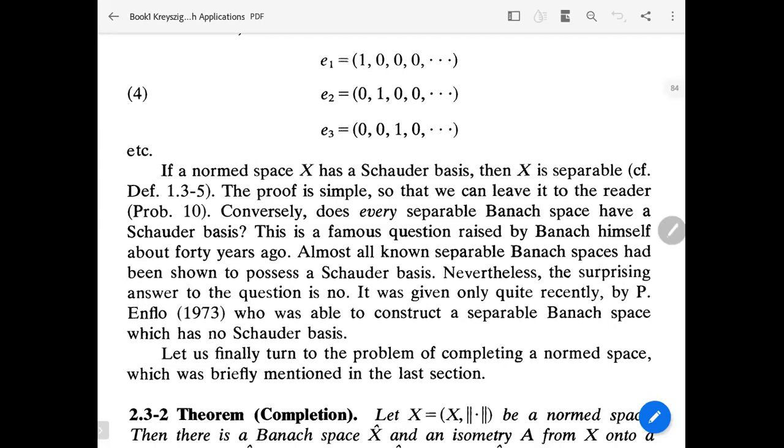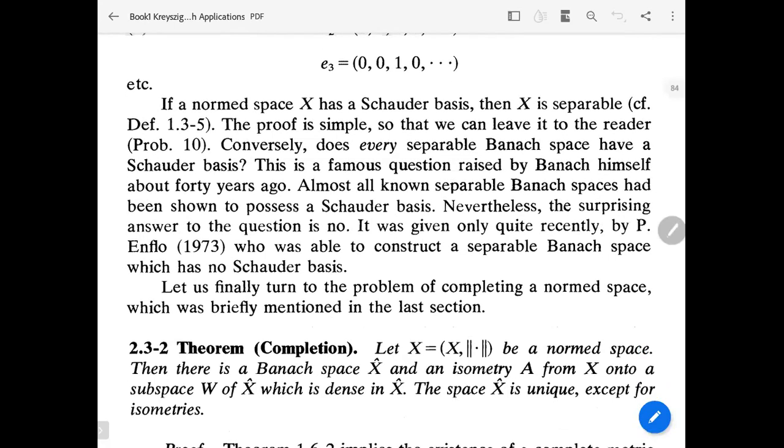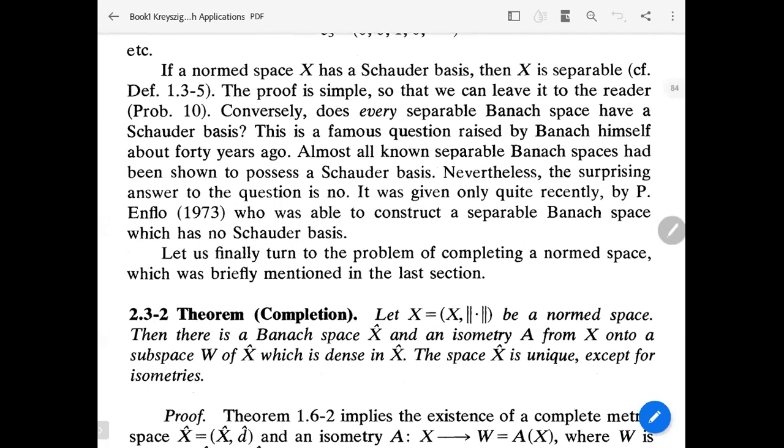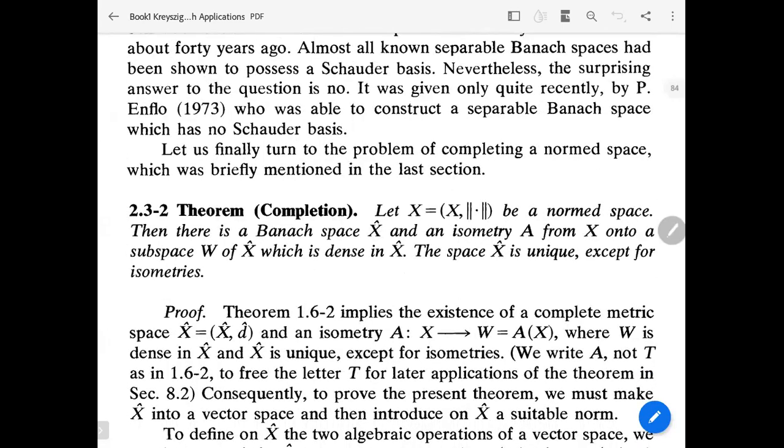The answer is no. Maybe we'll come back to this separability later at some stage and discuss this.